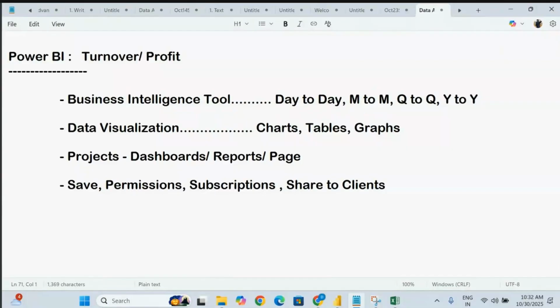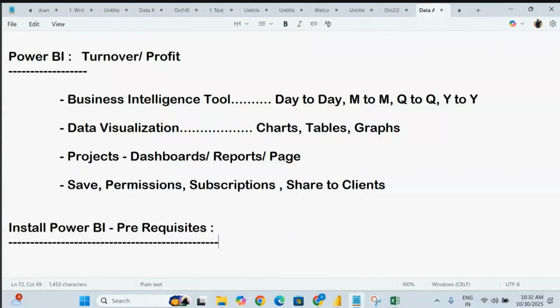So to install Power BI, what are the prerequisites? Understand the prerequisites here. First, you must have 1 to 2 GB of space on your C drive.